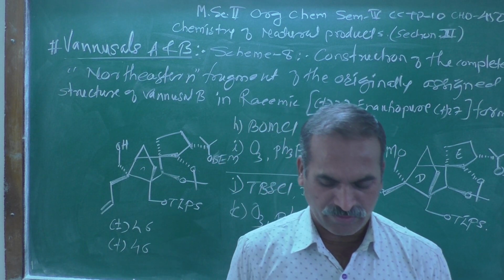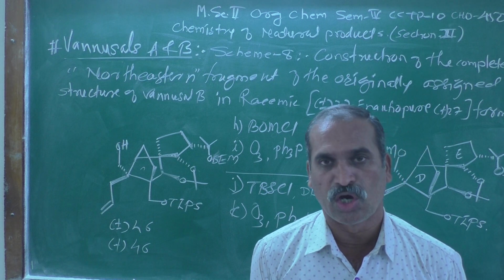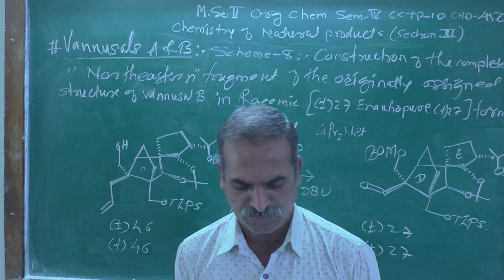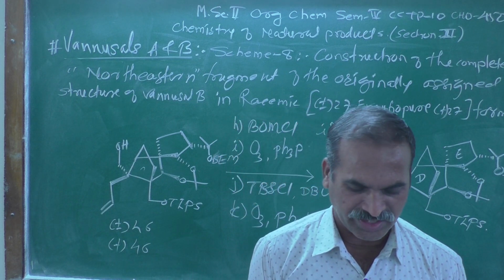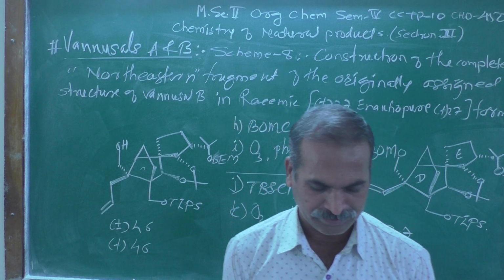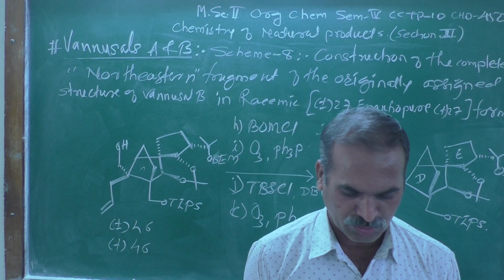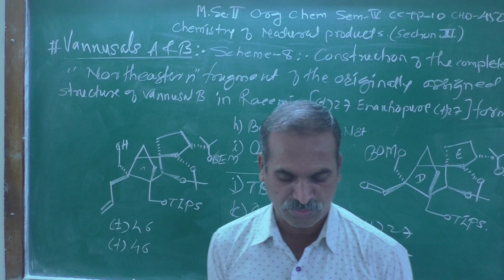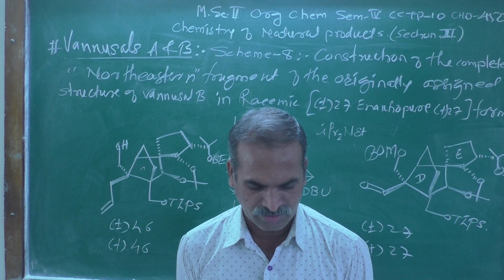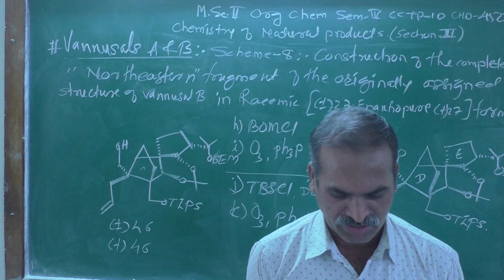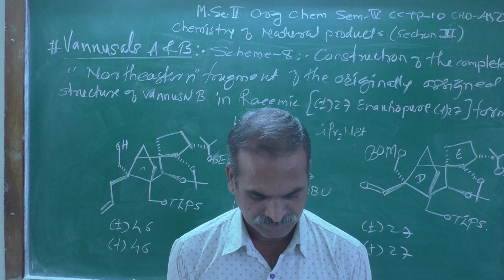Gratifyingly, microwave irradiation of enol ethers plus-minus 45 and plus 45 at 200 degrees centigrade followed by sodium borohydride reduction led to primary alcohols plus-minus 46 and plus 46 respectively in 91% yield for the two steps.